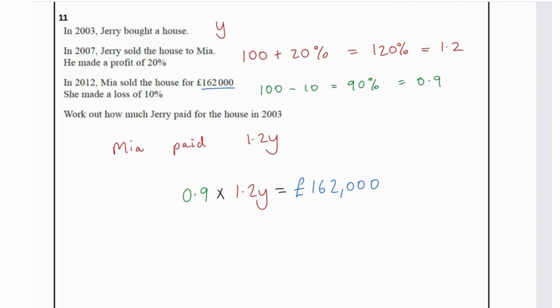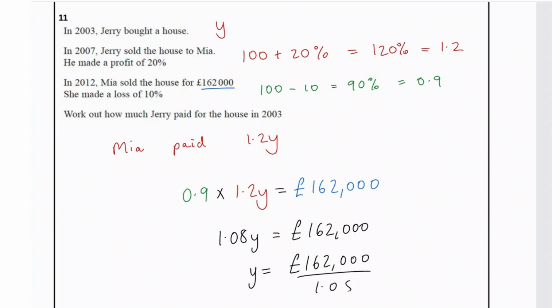So that is the very complicated way we need to set it up. So if we do 0.9 times 1.2, we now know that 1.08 of y is 162,000.